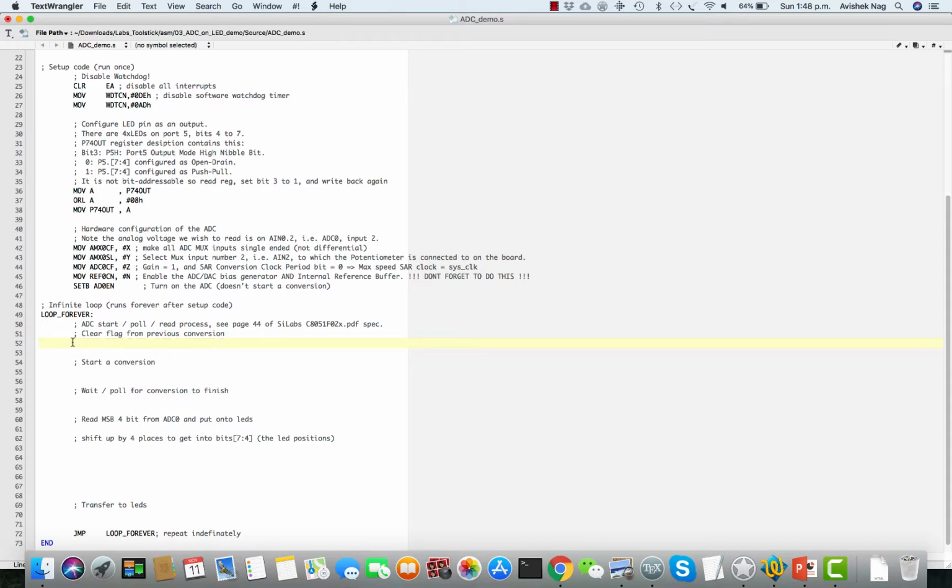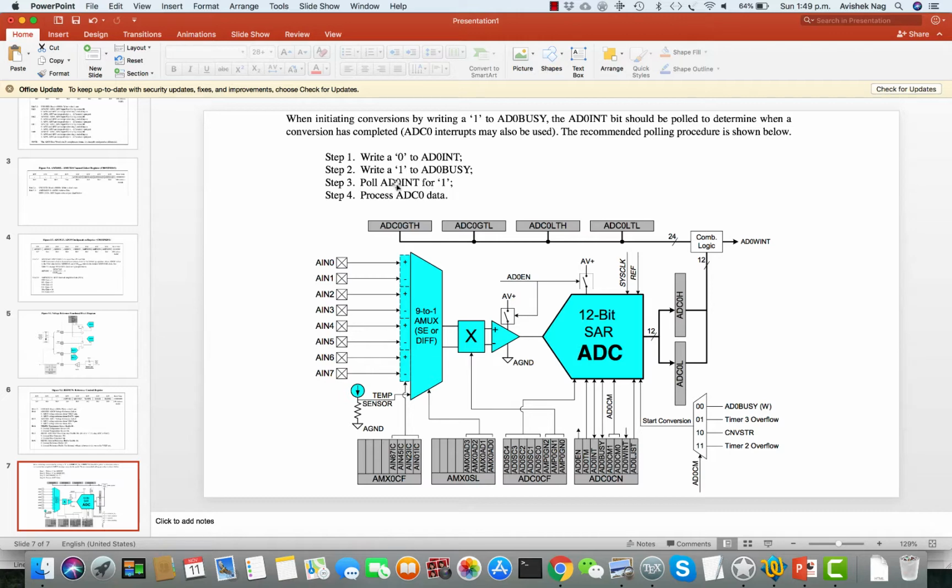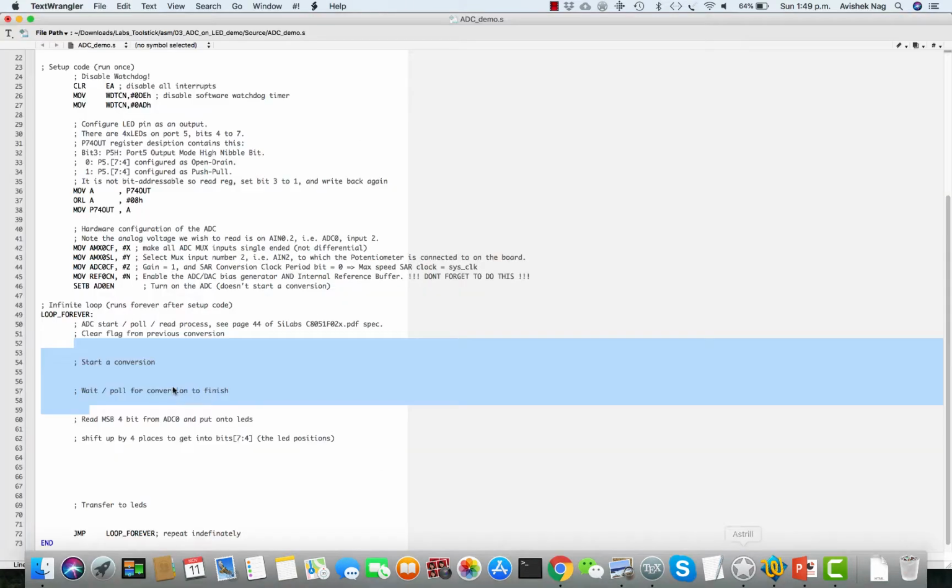So first you clear the ADC int, you start the conversion, and then wait for the poll to finish, and the poll finishes when ADC0INT is 1 again. So when this is 1, the poll finishes and your data is ready.